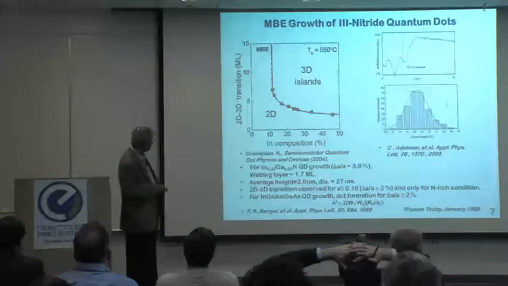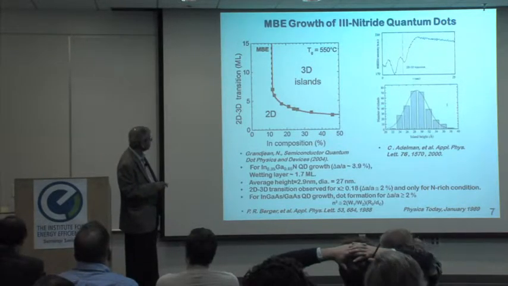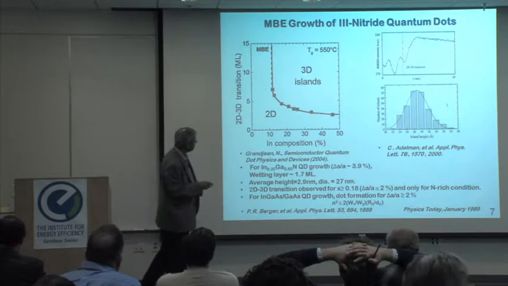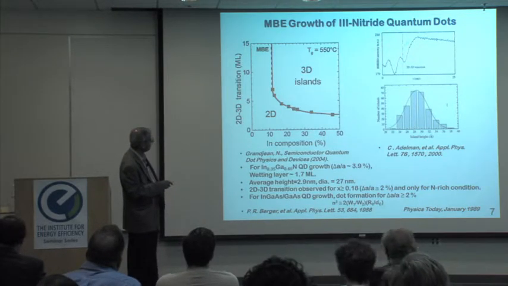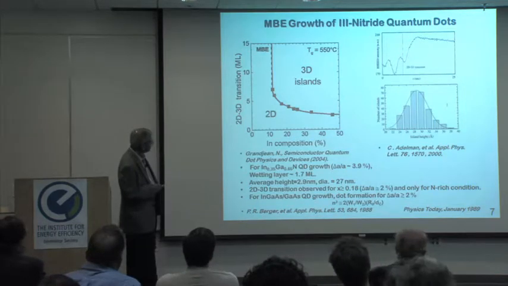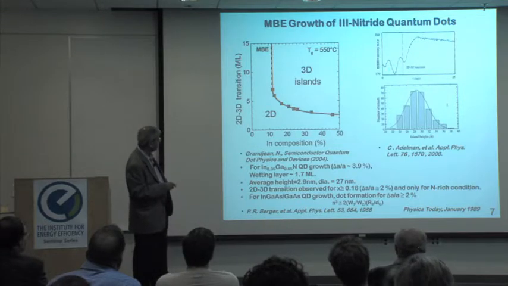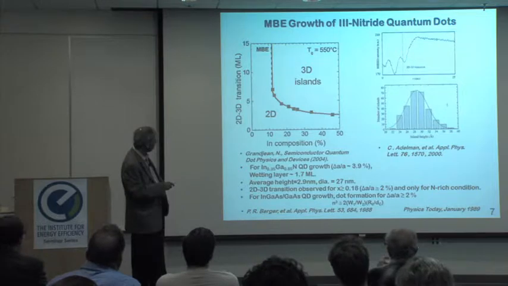And this is another paper where you see the formation of the dots by Reed. Initially you see the specular spot, the oscillation, and then the juxtaposition of the Bragg spot appears, and you see the formation of the dot. This is for a 35% indium gallium nitride composition, and you have about 1.7 monolayers of wetting layer, and then the quantum dot is formed.